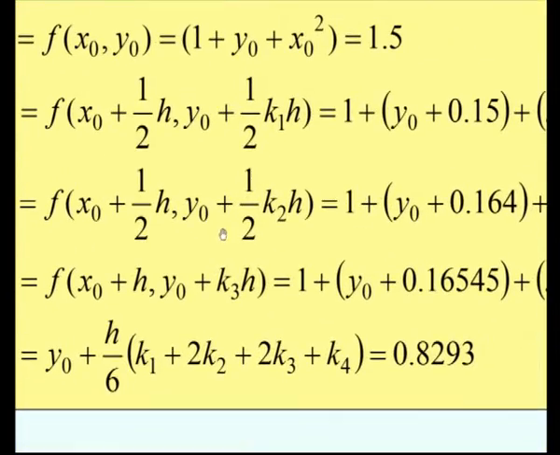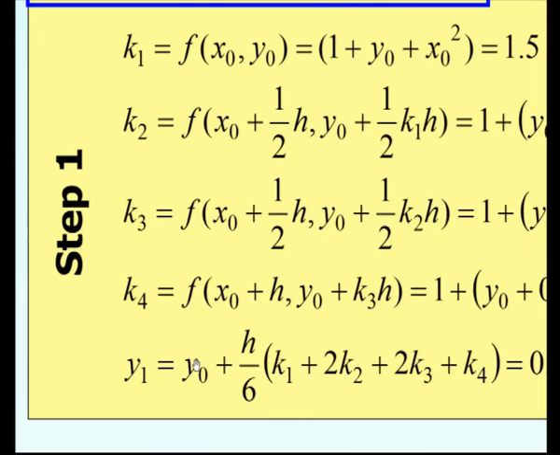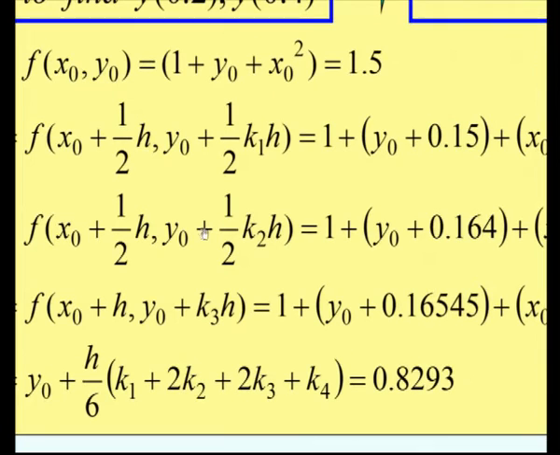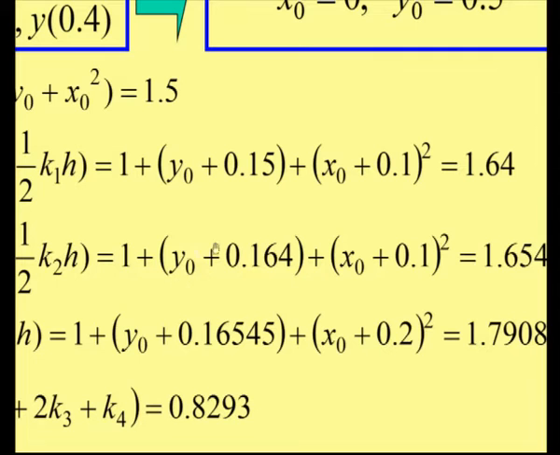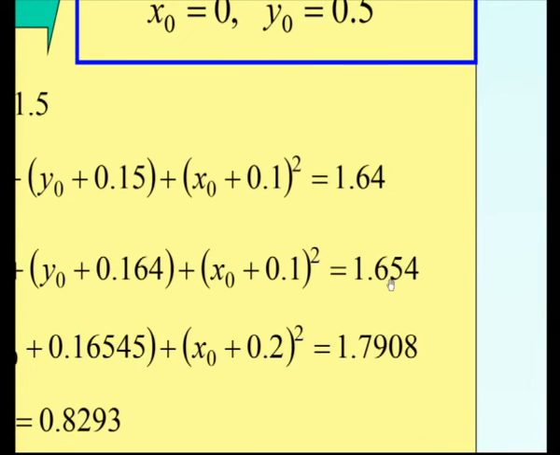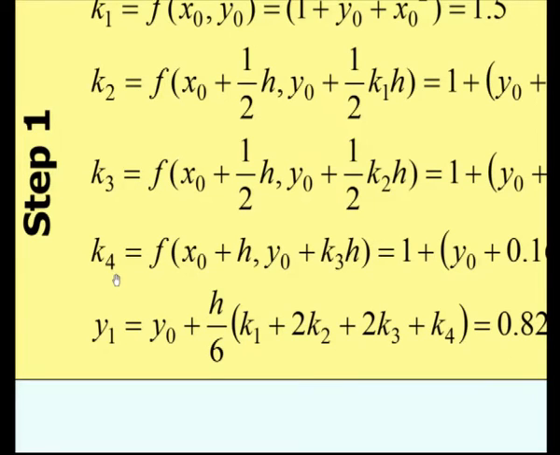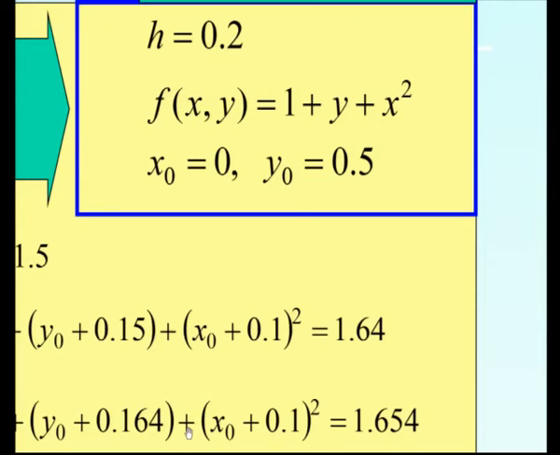In a similar manner I compute k 3. The x component is incremented by half h, the y component is incremented by half k 2 h. I substitute and get the value of k 3, and in a similar way k 4: f at x naught incremented by h, y naught incremented by k 3 h, using the right hand side function value.